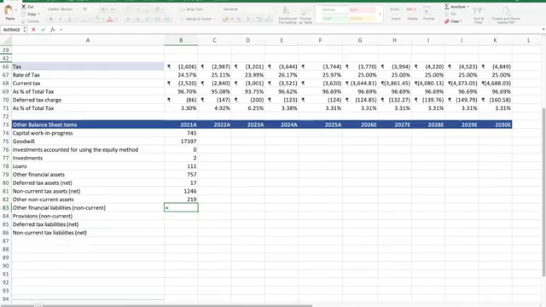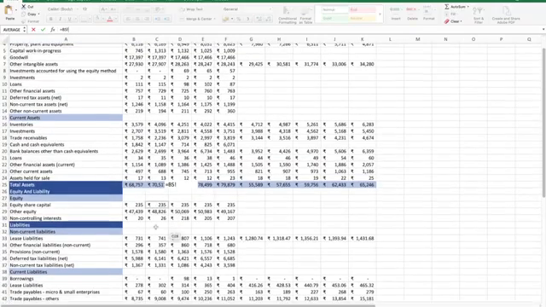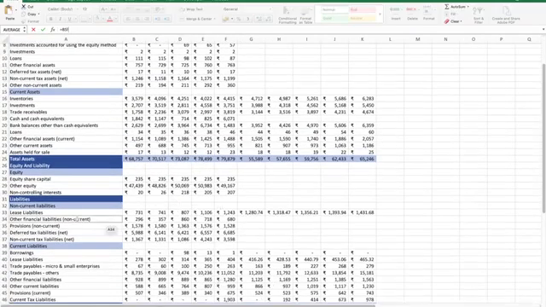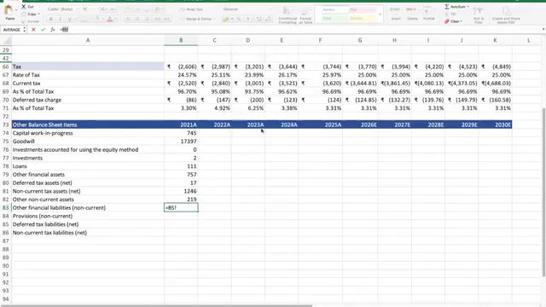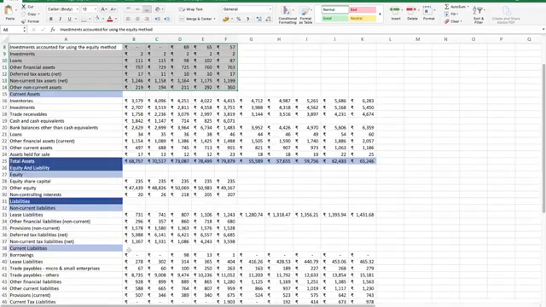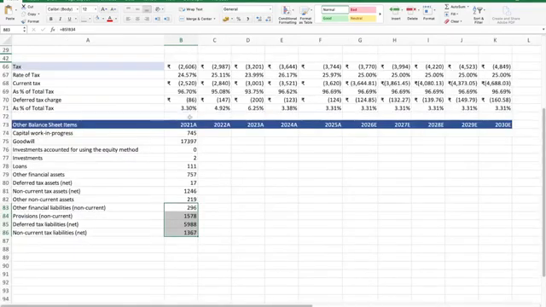So other financial liability, go to balance sheet. Again, these are the things which we didn't forecast in our working capital schedule or in the capex schedule. We'll start with this. We have provisions and all these things. Now for these, we're not going to waste much of our time.